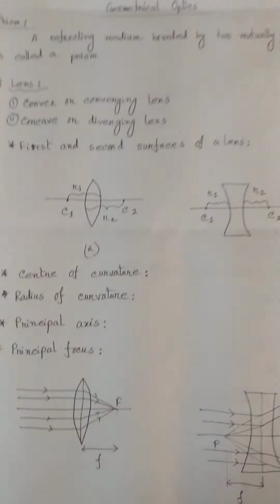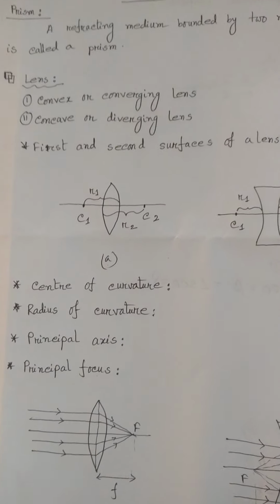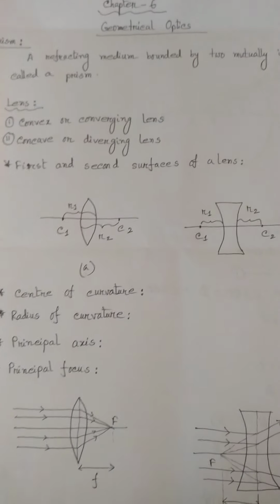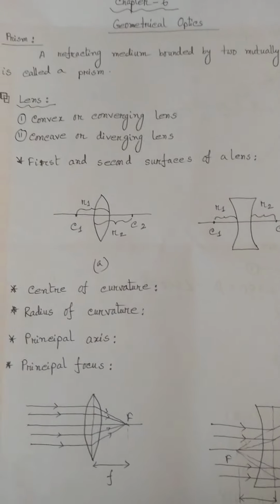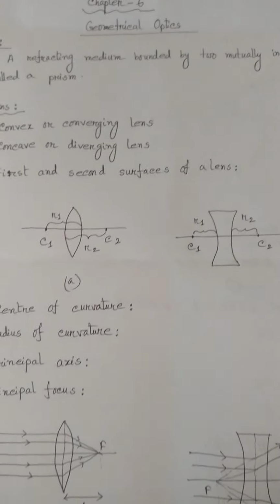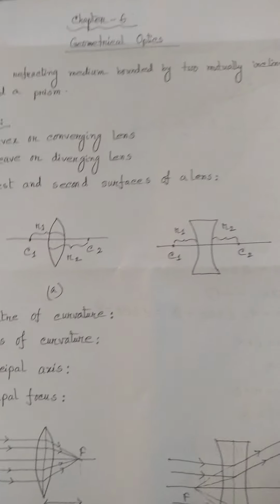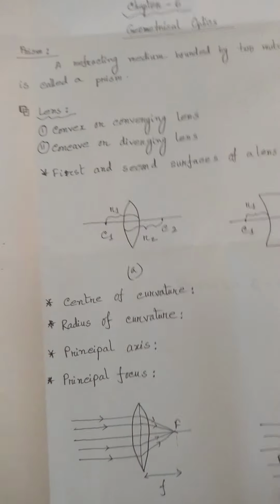These definitions are most important to know for creating the image of a lens, which we will discuss in our next class. Then the most important equation of the lens.